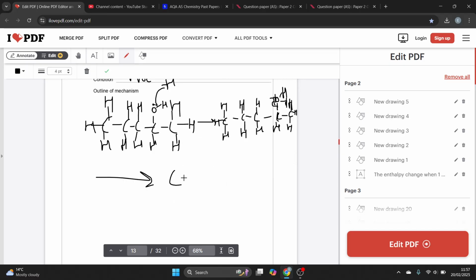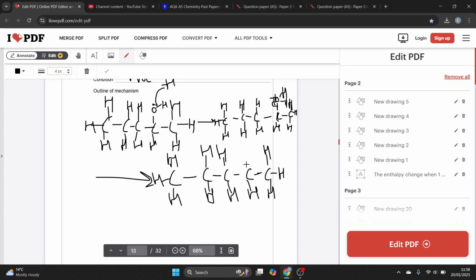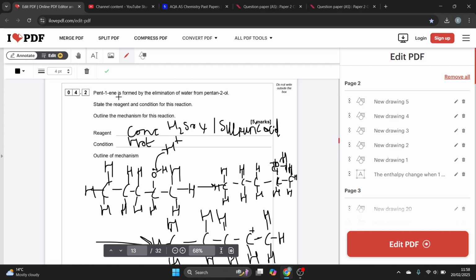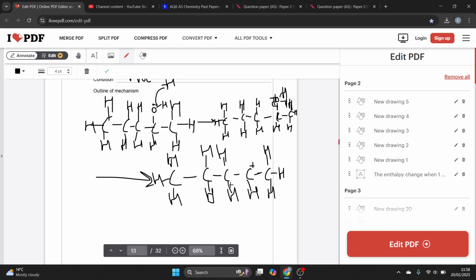Then what happens is, you've got this: methane, ethane, propane, butane, pentane. Now we've got a carbocation here. Because I know I'm forming pent-1-ene, if I was forming pent-2-ene, then it would go here, but I'm forming pent-1-ene, so it goes this way.